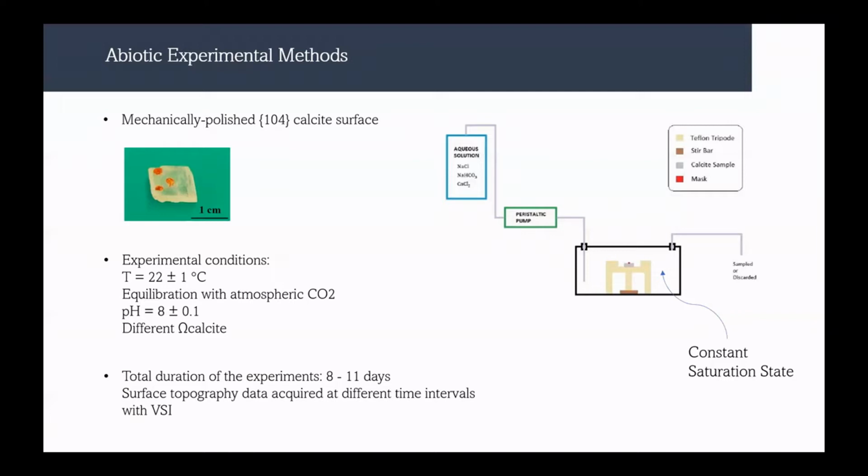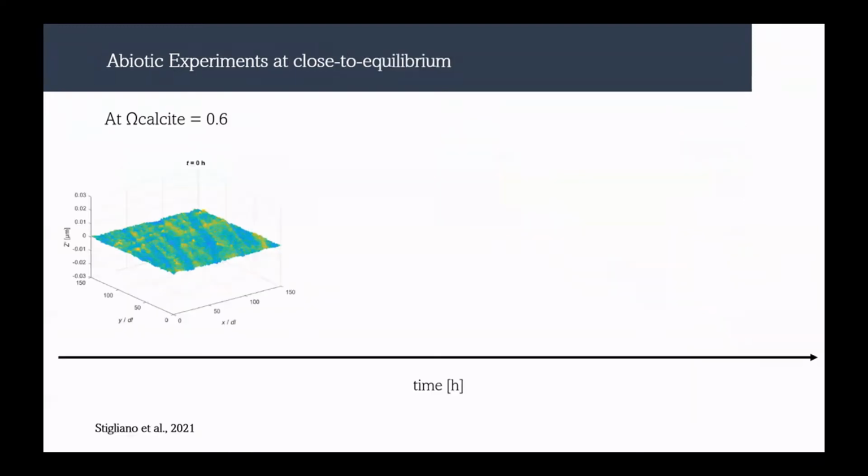The lateral resolution, so the length of a single pixel, is 200 nanometers. The advantage of this instrument is that it allows you to work with quite large fields of view, which can go up to 1 millimeter for a single acquisition in stitching mode. So that is why it's pretty convenient for our purposes.